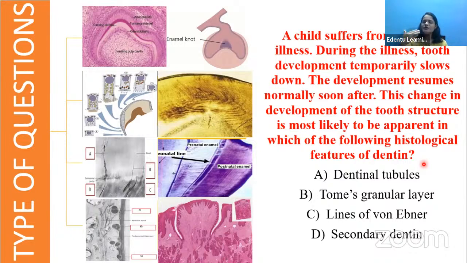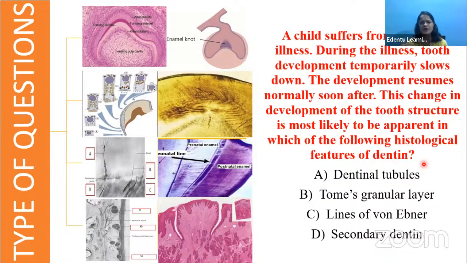So that's why, when doing a ground section, we are able to see lots of lines in these hard tissues. These lines indicate that these cells are not continuously forming these hard tissues. They are in a period of rest and a period of activity.